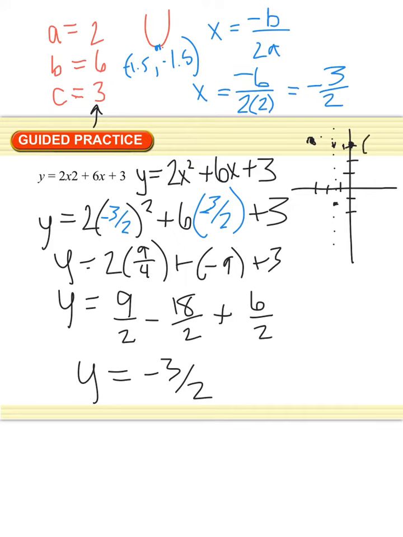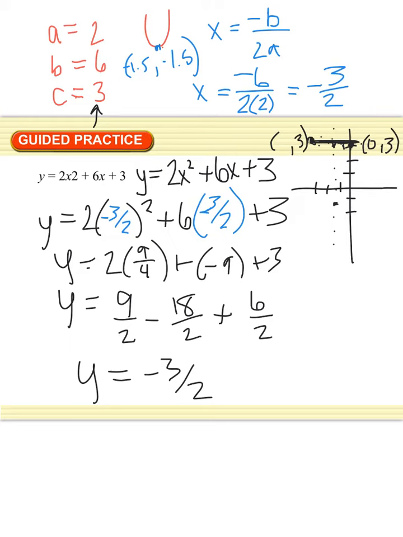So this point is (0, 3), right? Our y-intercept. So this point over here should have an x value, but the y value should also be 3, right? We're on the same horizontal line here. Well, it should be. Don't look at my drawing. And so what will our x value be?